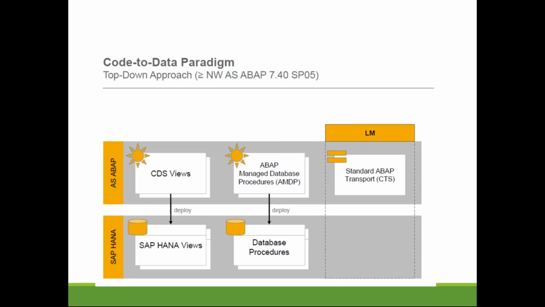Now we are using the top-down approach. Top-down approach means CDS are created as ABAP CDS, and the respective HANA CDS is automatically created in the backend, and in the SAP ABAP layer we are creating AMDP. The respective database procedure will be created inside the database.